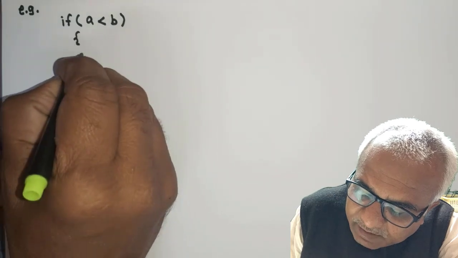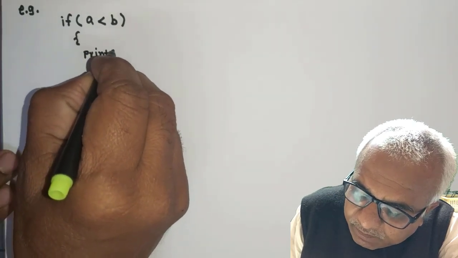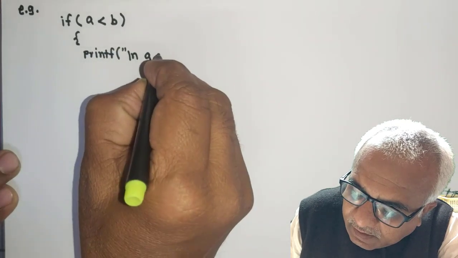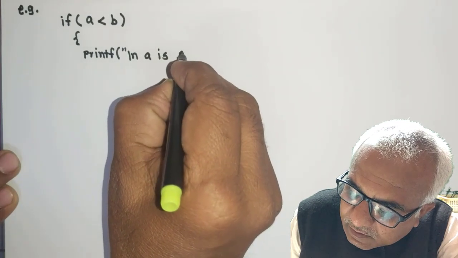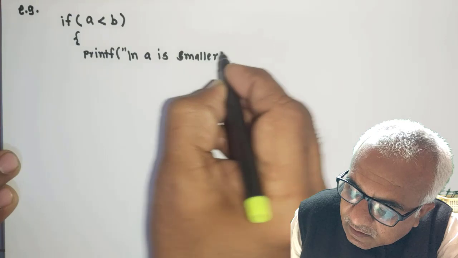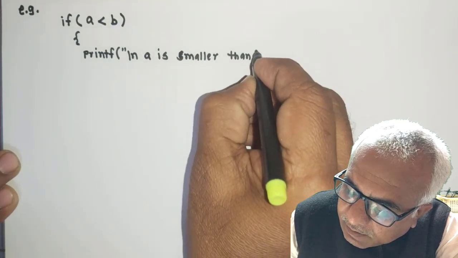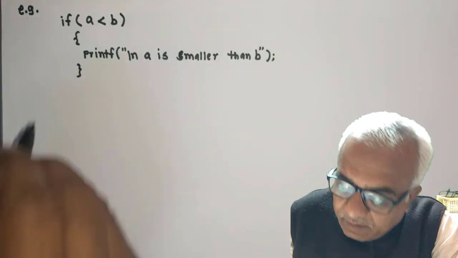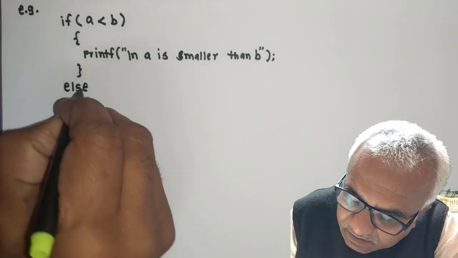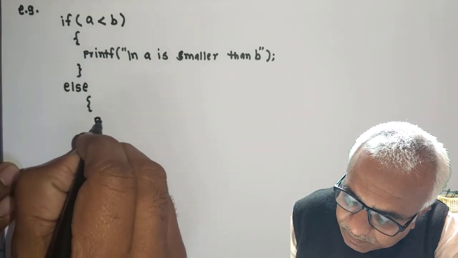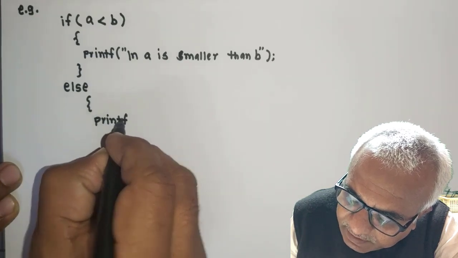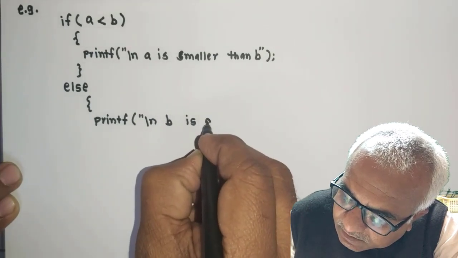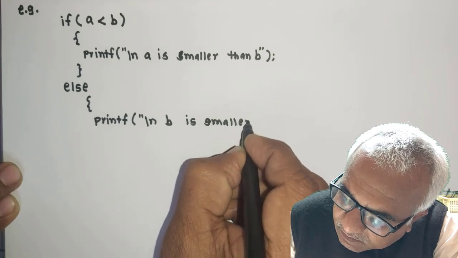If A is less than B, then print "A is smaller than B". Else print "B is smaller than A".